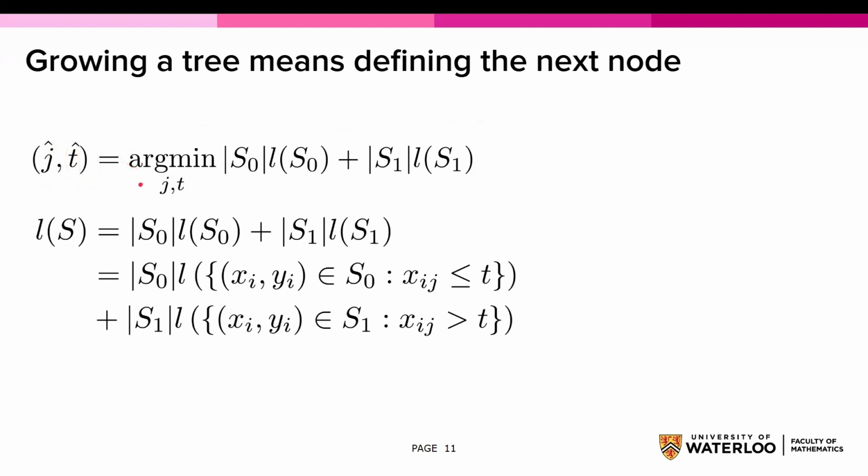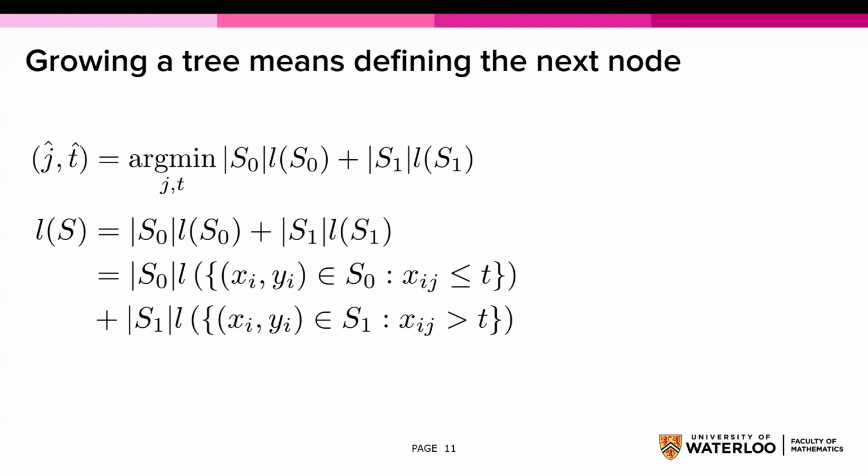This best split is one that minimizes the loss, which we'll get into next, after dividing the data into two disjoint subsets, S0 and S1. The loss is computed as the sum of losses for S0 and S1, weighted by the sizes of these subsets. In other words, we want to reduce the impurity within the resulting regions as much as possible.